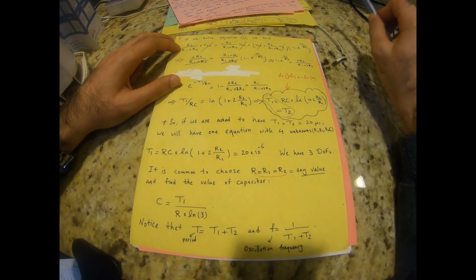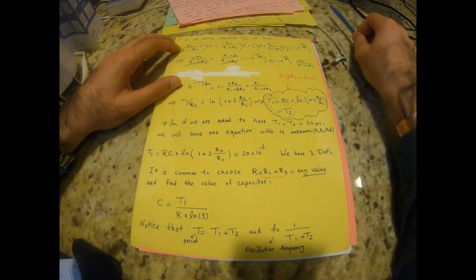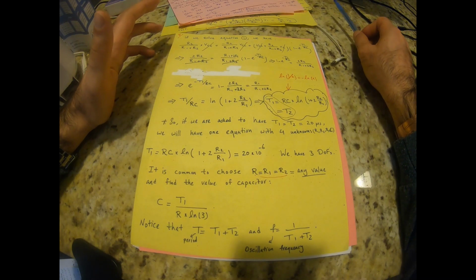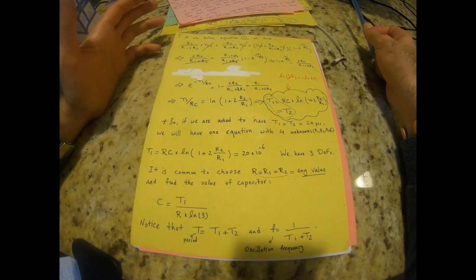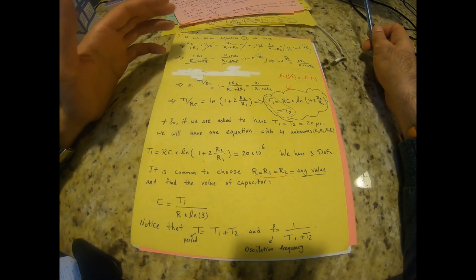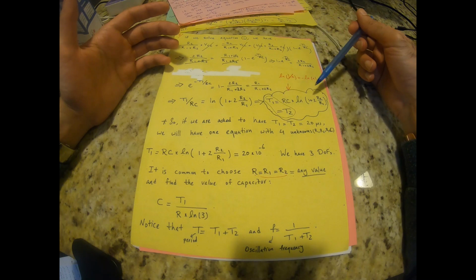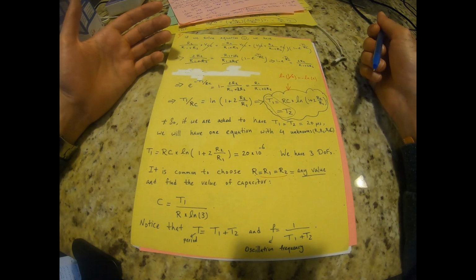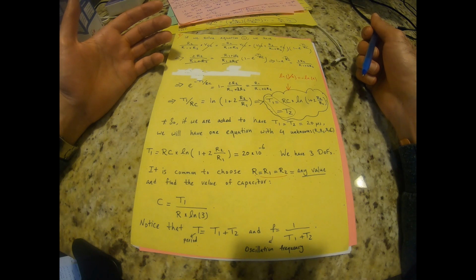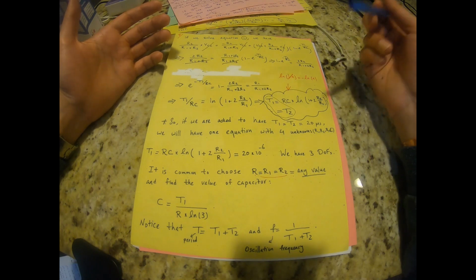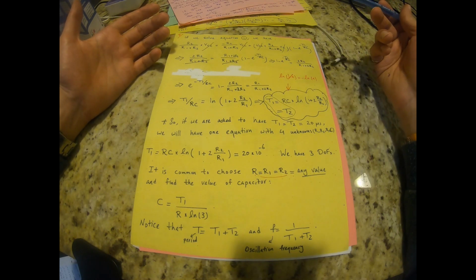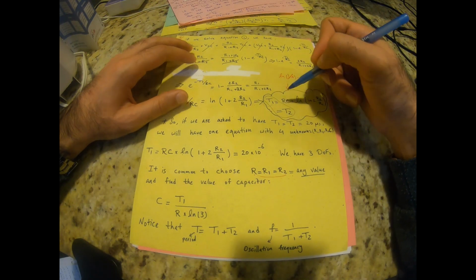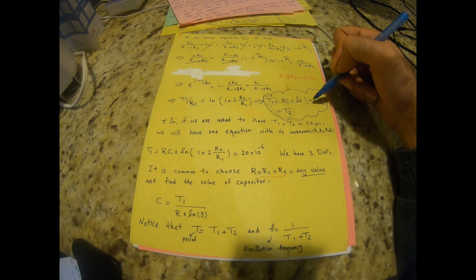I just want to repeat that this is only one way of solving this design problem. Design is an art, right? The art part comes from the fact that now you have so many choices. There's not just one answer. My answer can be different from yours, and both of them can give us the same T1, because we have 3 degrees of freedom.